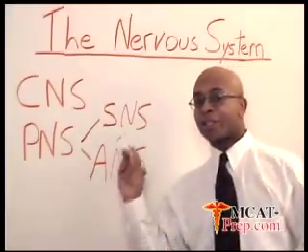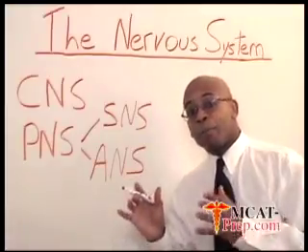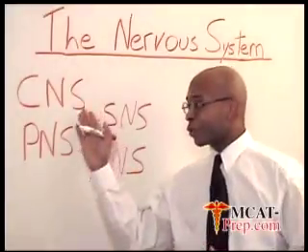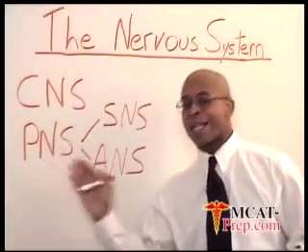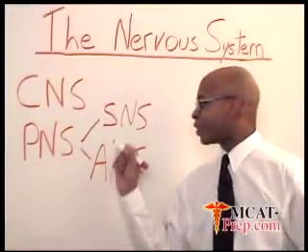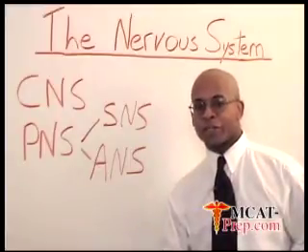The truth is that the somatic nervous system and the autonomic nervous system anatomically also form the basis of the central nervous system as well as the peripheral nervous system. But classically, the peripheral nervous system is divided into the somatic nervous system and the autonomic nervous system.